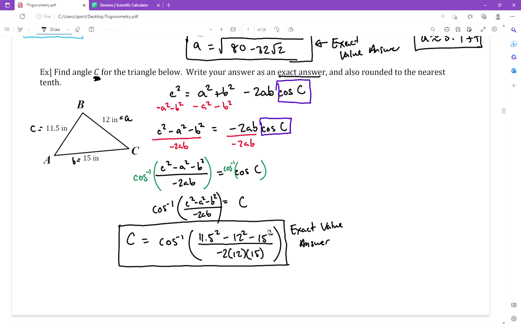Now, most of the time we need decimals in these problems anyway, so this is what I'm going to type into the calculator. For our angle C, we need cosine inverse, so I have Desmos still open.